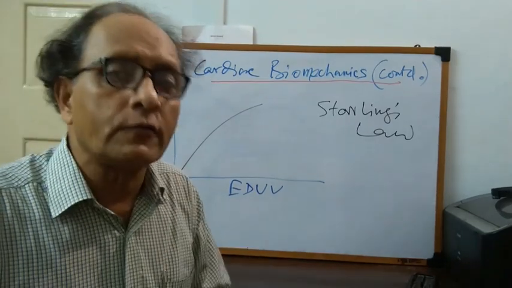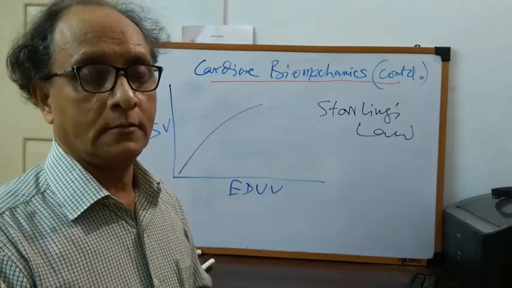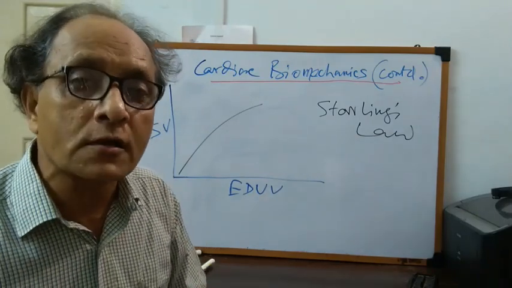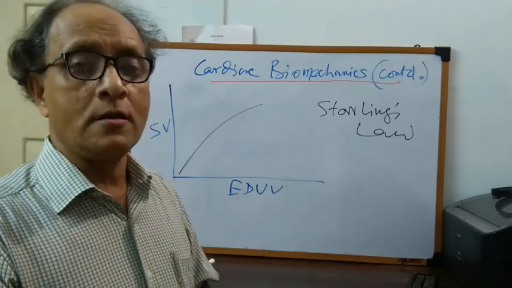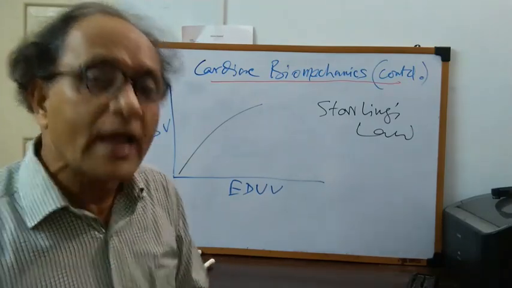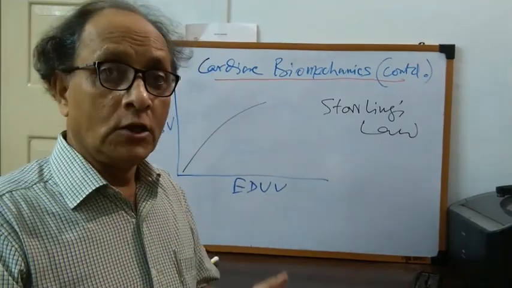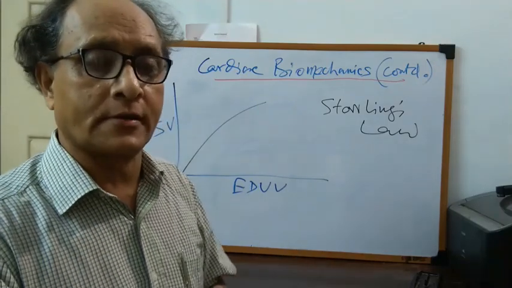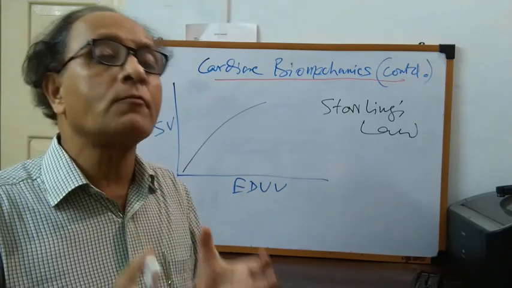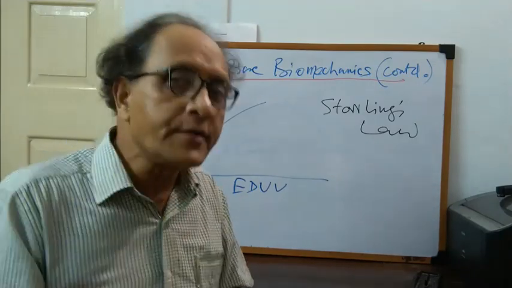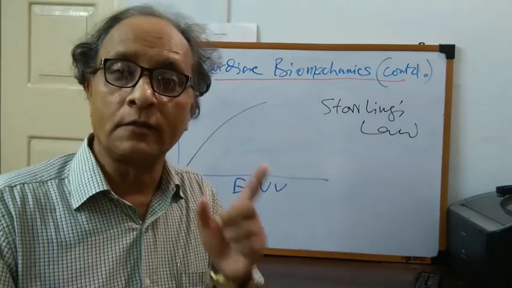Or in other words, within physiological limit, the energy of contraction of cardiac muscle fiber is directly proportional to the resting length of the cardiac muscle fiber. I repeat, within physiological limit, the energy of contraction of cardiac muscle fiber is directly proportional to the resting length of the cardiac muscle fiber.